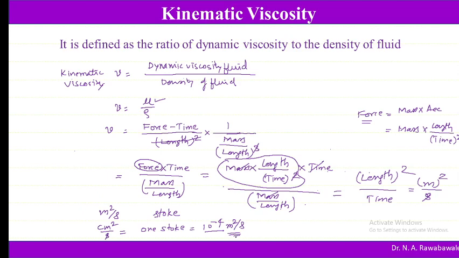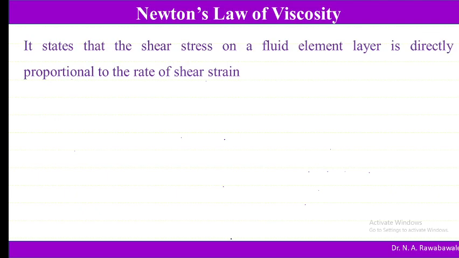Then Newton's law of viscosity: how do we define this law? It states that the shear stress on a fluid element layer is directly proportional to the rate of shear strain.